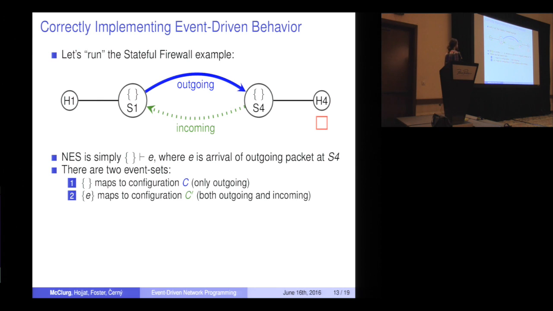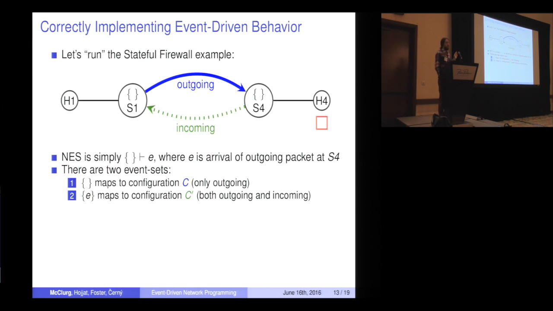Okay, so how we actually go about running this: we take advantage of the power of these stateful switches, and we store a set of currently heard-about events on each of the switches. So initially, the switches don't know about any events, they just have an empty set. Let's look at this packet over to the right.